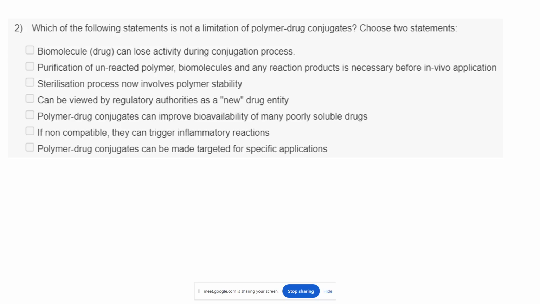And one more, you have to select two statements here. Option third and fourth. Okay. So we have two answers now. Anybody else?